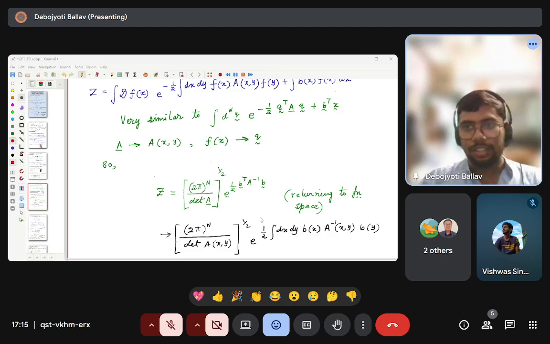If these are operators on some function space, you can take some eigenfunctions of those operators and write an eigenvalue equation. So taking a good basis, you can write the eigenvalue equation of those operators, and you just take a product of those eigenvalues and that will give you the determinant.